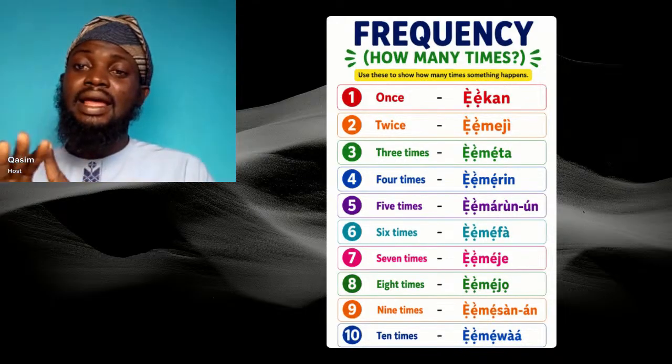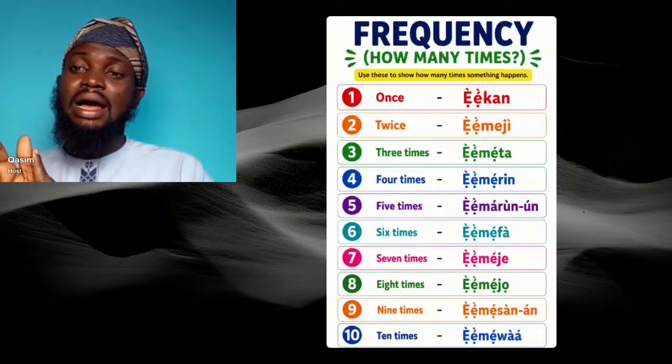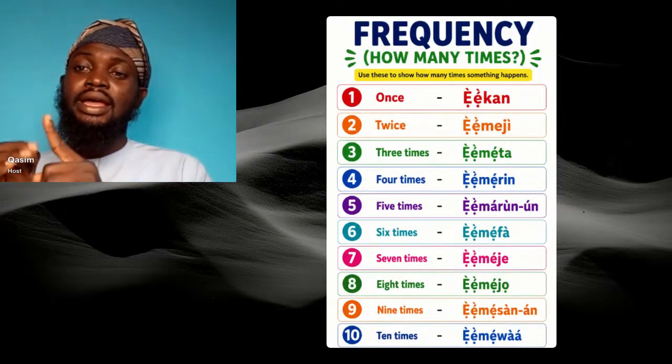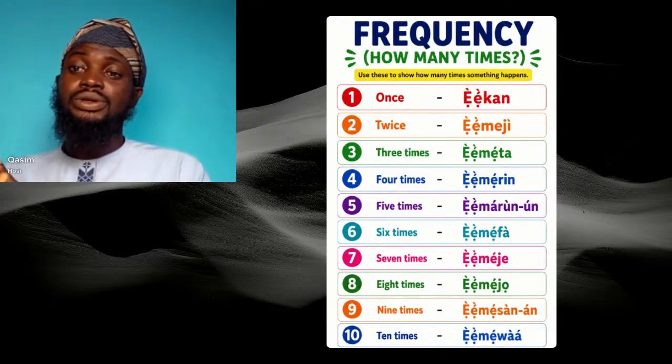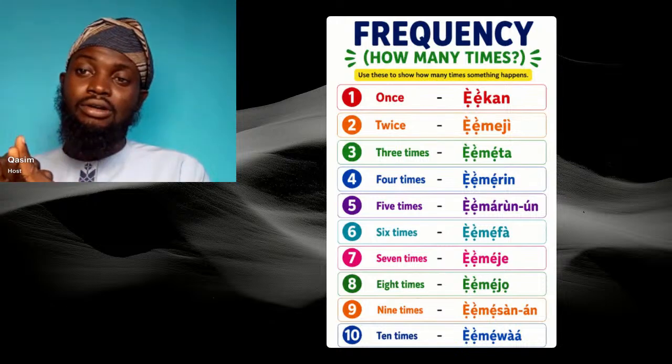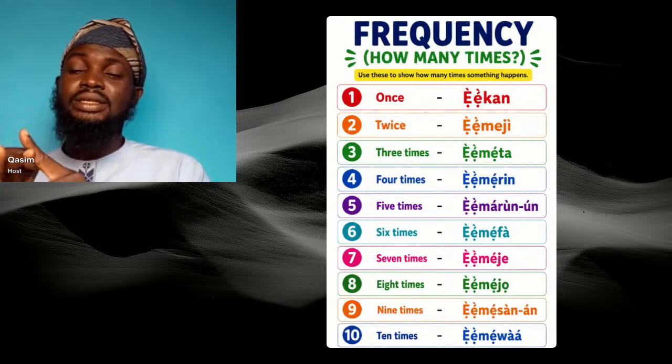ẹ̀ẹ̀méjì, ẹ̀ẹ̀mẹ́ta, ẹ̀ẹ̀mẹ́rin, ẹ̀ẹ̀márùn-ún, ẹ̀ẹ̀mẹ́fà, ẹ̀ẹ̀méje, ẹ̀ẹ̀mẹ́jọ, ẹ̀ẹ̀mẹ́sàn-án, ẹ̀ẹ̀mẹ́wàá. So once, ẹ̀ẹ̀kan.